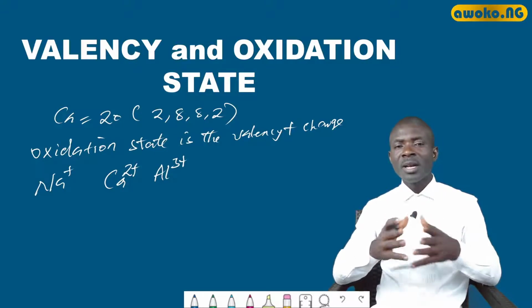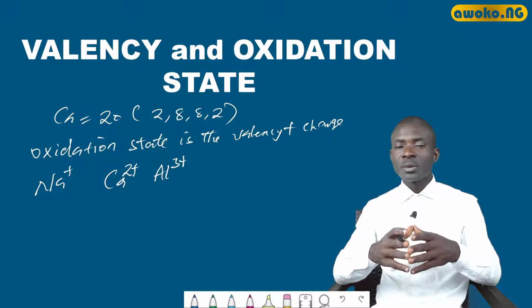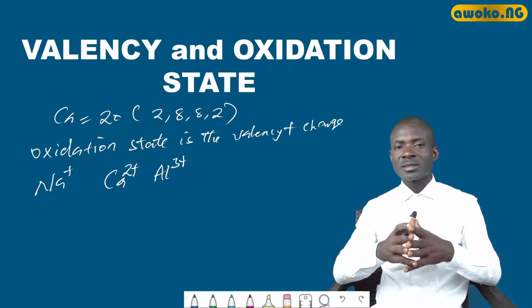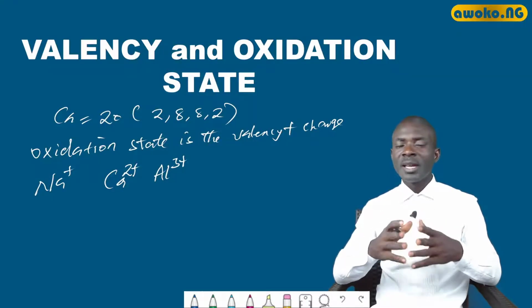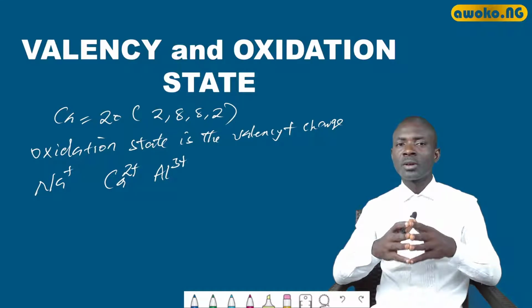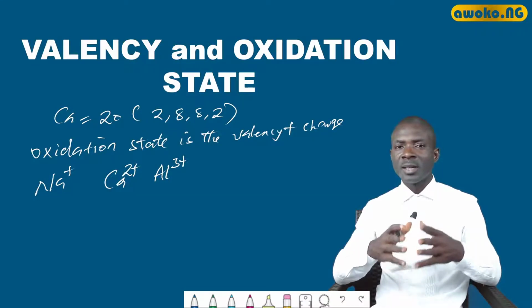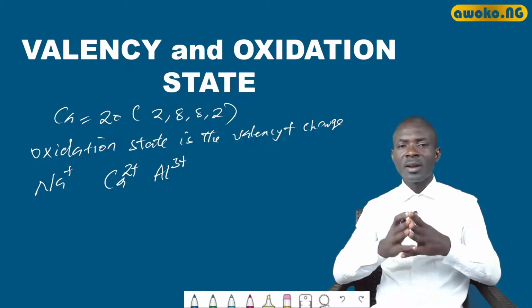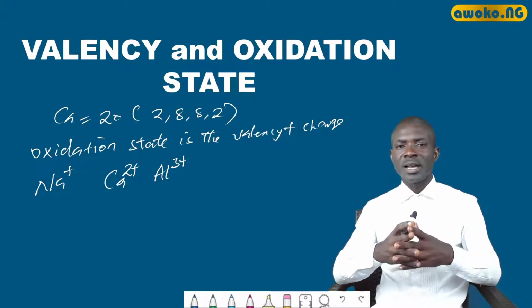Which means during ionization, it requires giving out 3 electrons to become oxidized. While in the case of sodium, it gives out 1 electron during ionization to become oxidized. In calcium, it gives out 2 electrons during ionization and becomes oxidized.